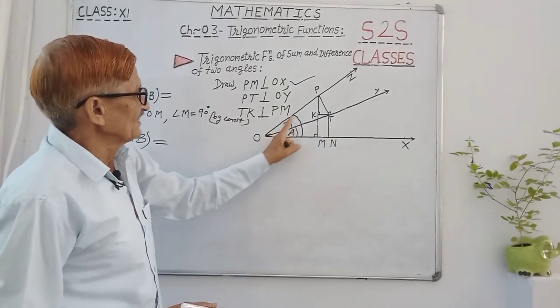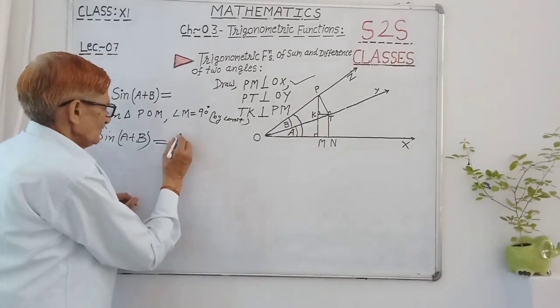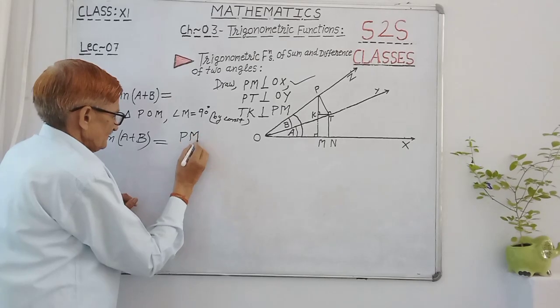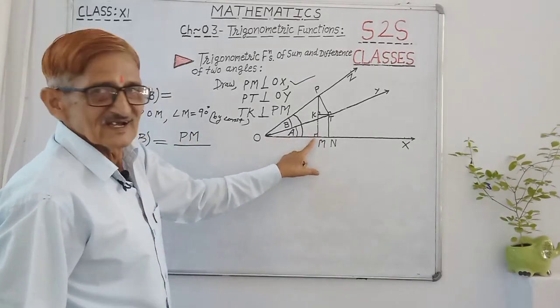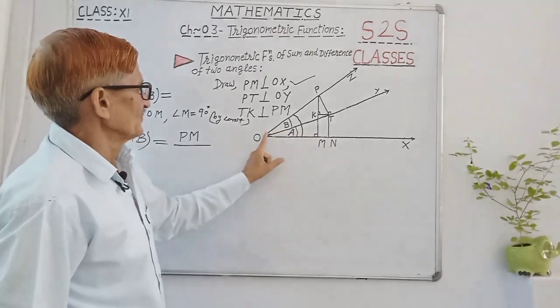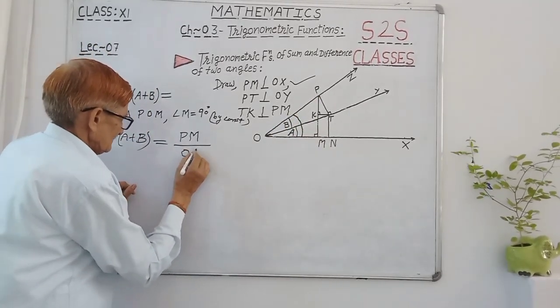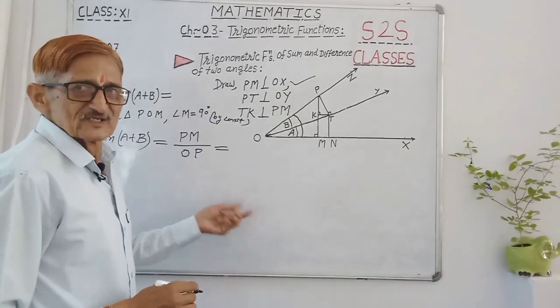The opposite side of this angle POM is PM, upon the hypotenuse. In the right triangle, angle M is 90 degrees, the hypotenuse is OP. Okay, clear? Opposite upon hypotenuse.